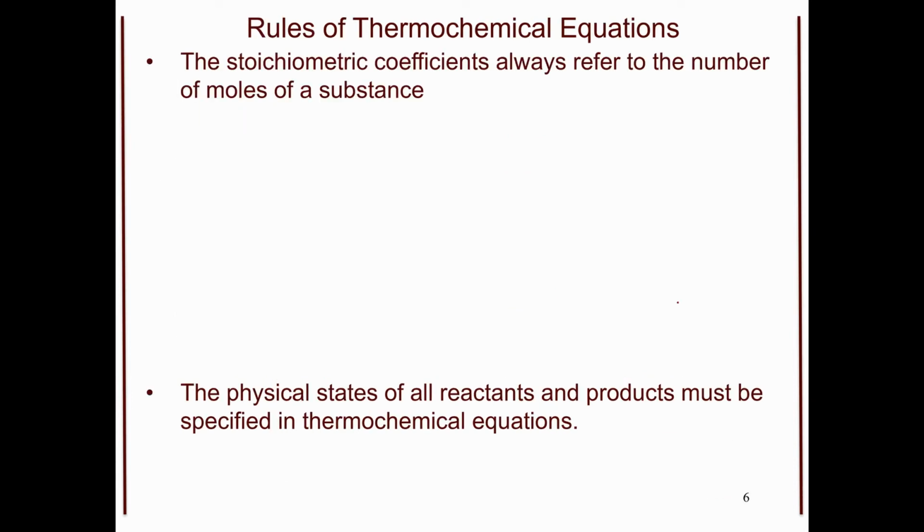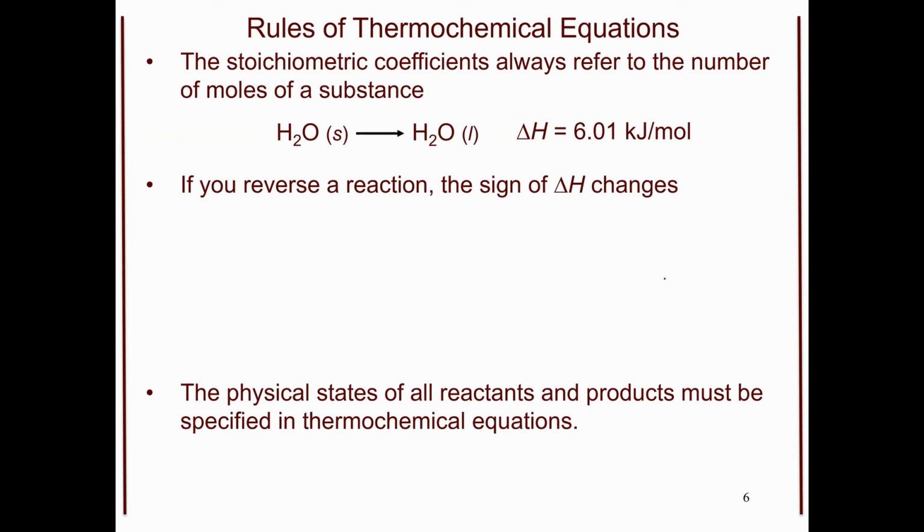Let's take a look at a few rules of thermodynamic chemical equations. First off, the stoichiometry and coefficients always refer to the number of moles of a substance. So in this case, you can see that I am going to melt 1 mole of ice to 1 mole of liquid water. That has a delta H of 6.01 kilojoules per mole.